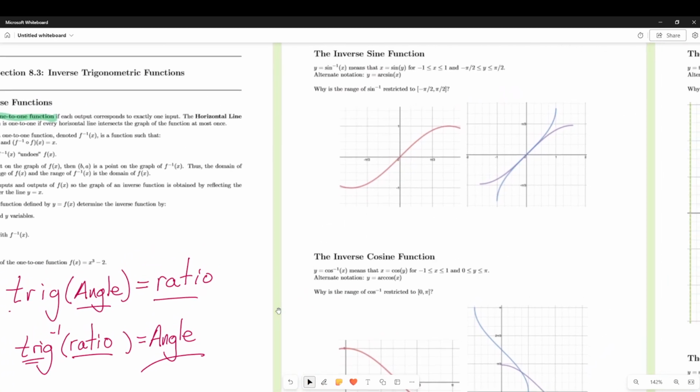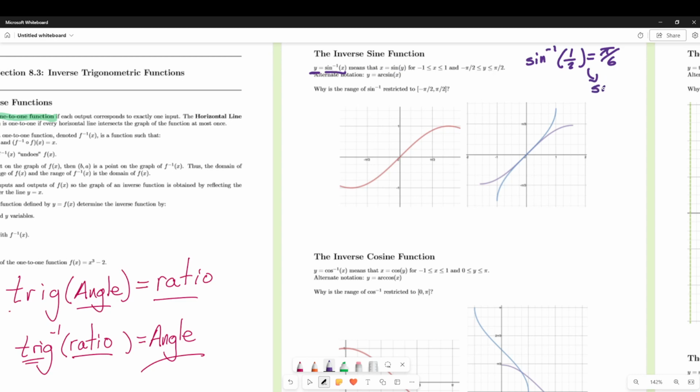Now, that's kind of what we're looking at up here in terms of the meaning of y equals the sine inverse of x, is that x equals the sine of y. So for example, I can't ask the sine inverse of pi over 6 because it's got to be a ratio. The sine inverse of 1/2, if I say that's equal to pi over 6, well, that means, according to this definition, notice that we change from the sine inverse to the sine.